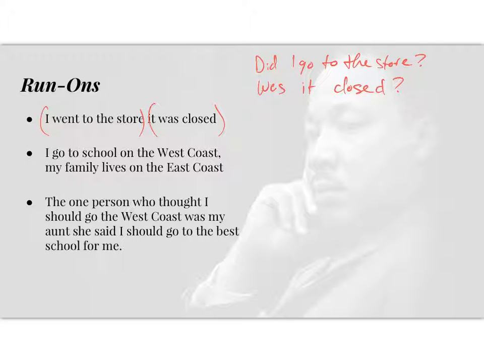So I have two ideas. If I have two ideas, I need something right here, punctuation-wise. So I know that this is a fused sentence. It's a run-on. Because I tried my yes-no question test right here, realized I had two ideas there.